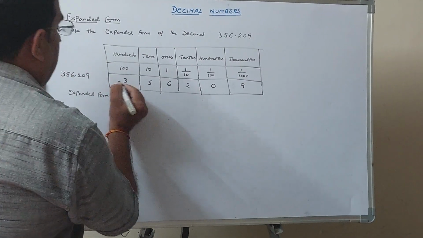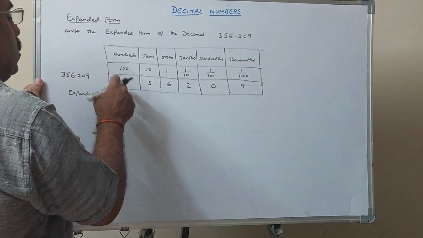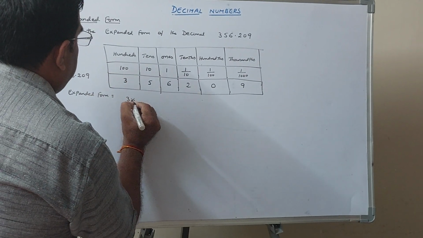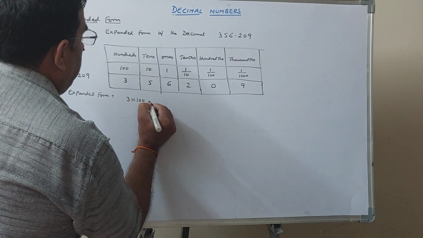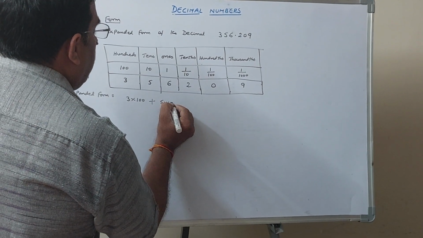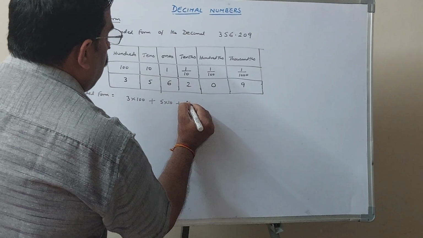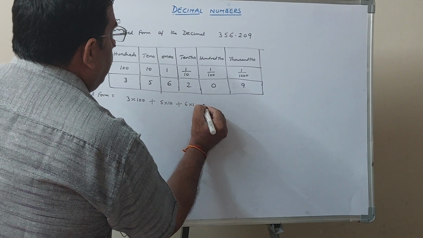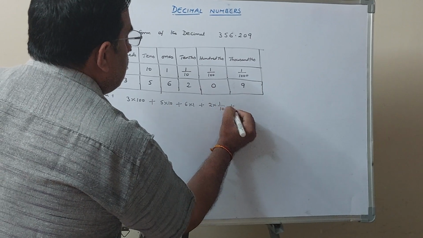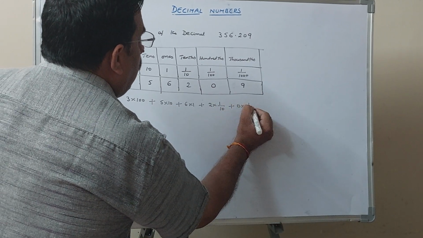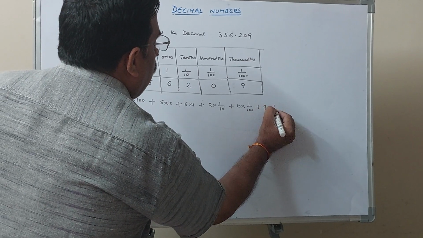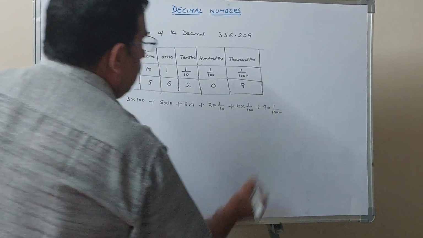The digit 3 is in the hundreds place, so 3 into 100 plus 5 into 10 plus 6 into 1 plus 2 into 1 by 10 plus 0 into 1 by 100 plus 9 into 1 by 1000. Clear?